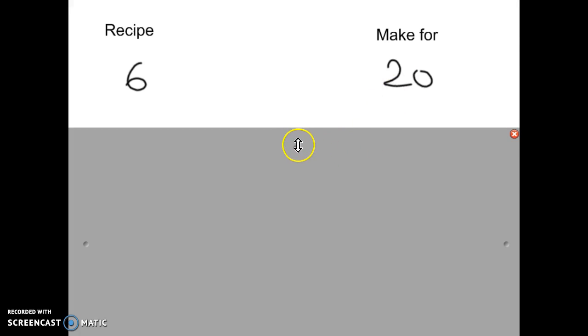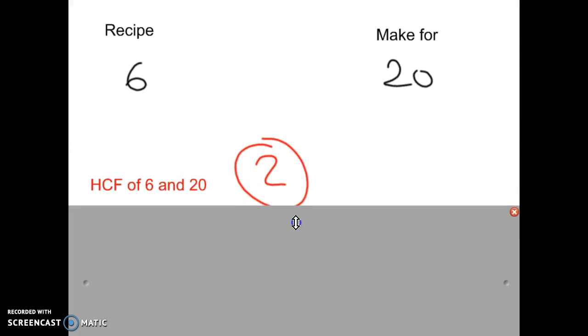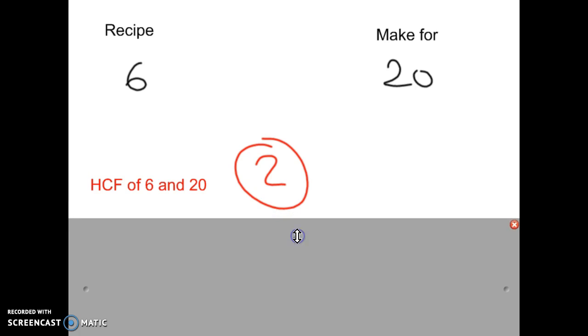And what I'm going to do is identify the highest common factor of 6 and 20. So I think, what times table has got 6 in it and 20? And that would be the 2 times table. So this is going to be my magic number here.